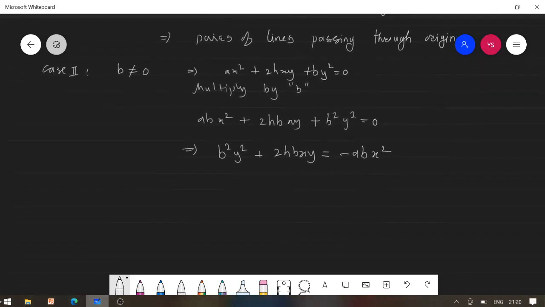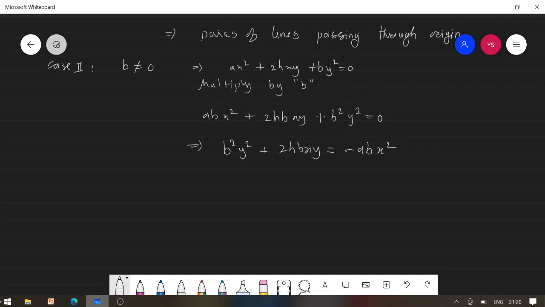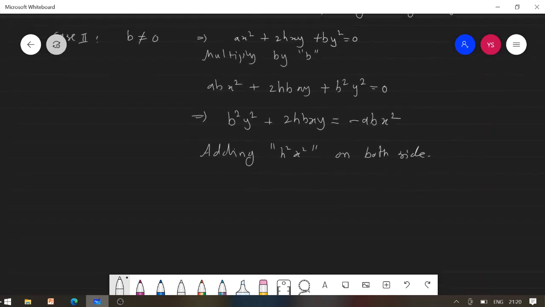Now try to convert the LHS in terms of a perfect square. So we have to add h square x square on both sides. On adding h square x square on both sides, we get b square y square plus 2hbxy plus h square x square equals to h square x square minus of ab x square.